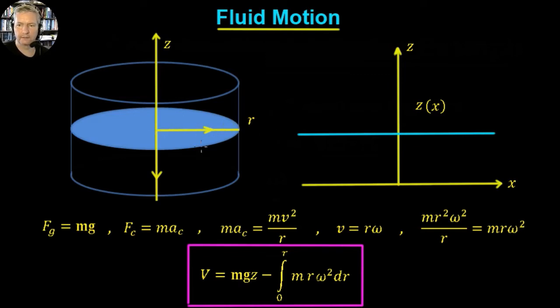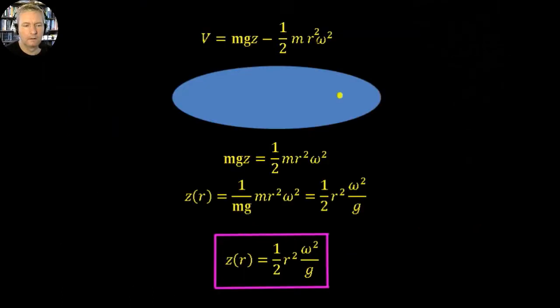It's actually the negative of what we have in this axis. So we've got a negative sign in there for the potential energy. Finally, we can say that the total potential energy is going to be mgz minus the integral from 0 to r of m r omega squared dr. So let's go ahead and finish this off in the next slide.